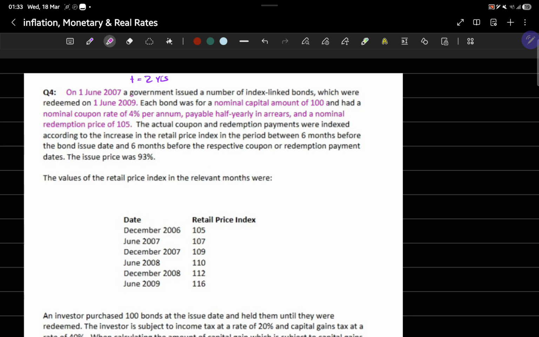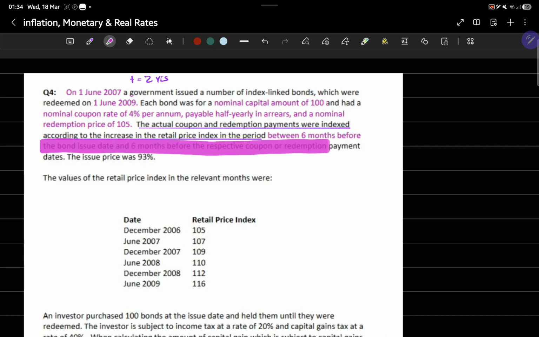The actual coupon and redemption payments, and this is very important, were indexed according to the increase in the retail price index in the period 6 months before the bond issue date and 6 months before the respective coupon or redemption payment dates. And the issue price was 93%.